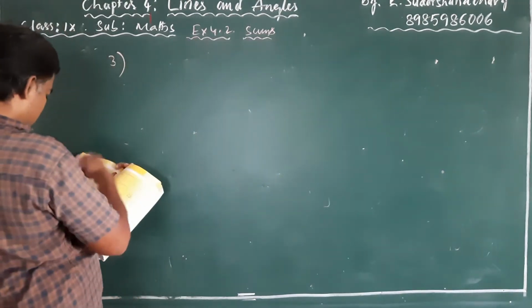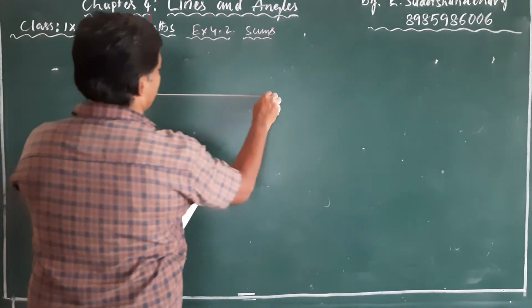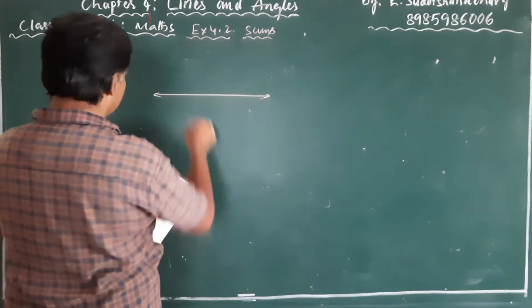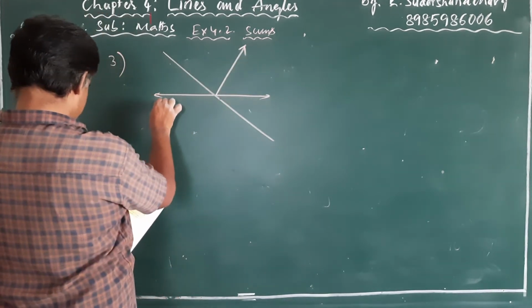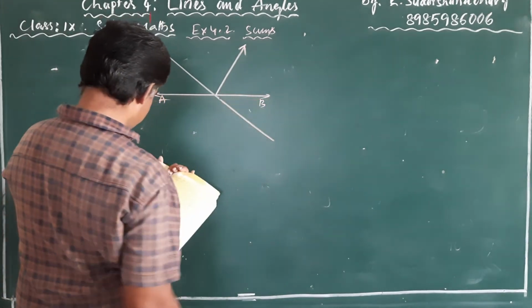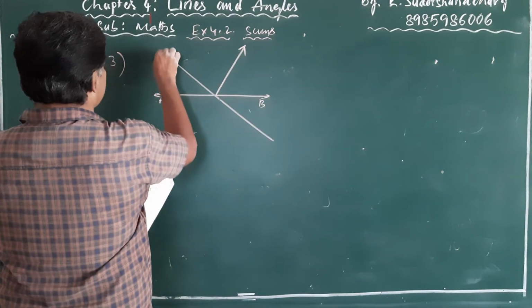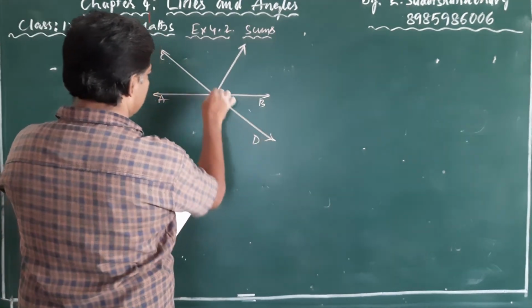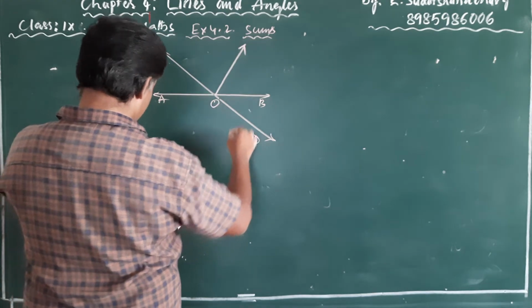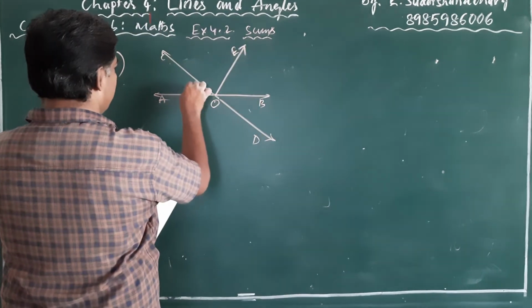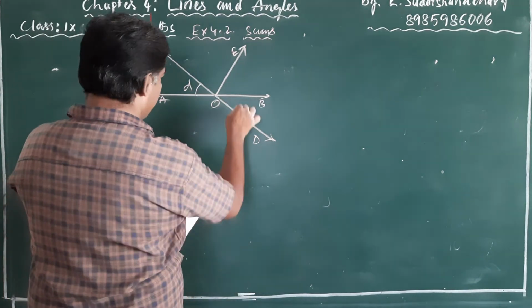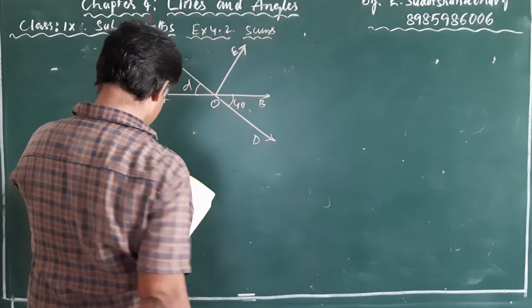The diagram is given. The lines AB and CD intersect at O and OE. So this is D, it is 40 degrees.